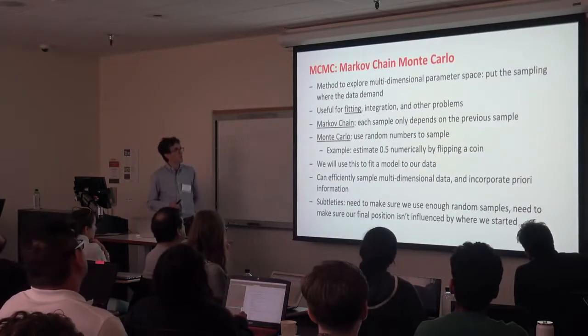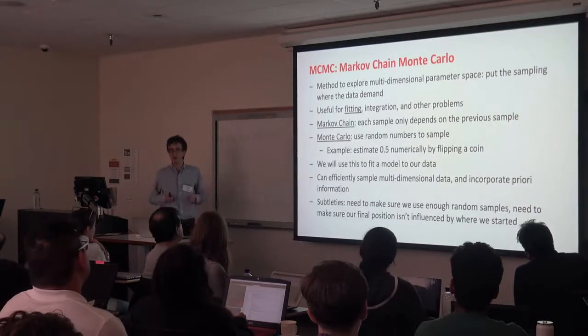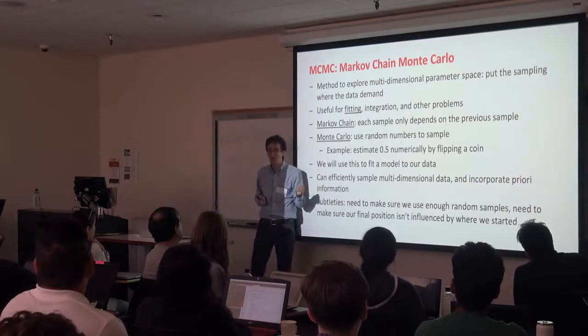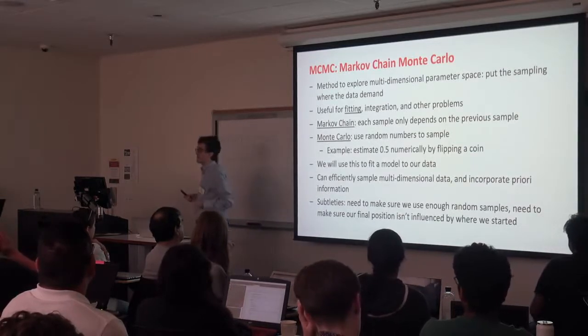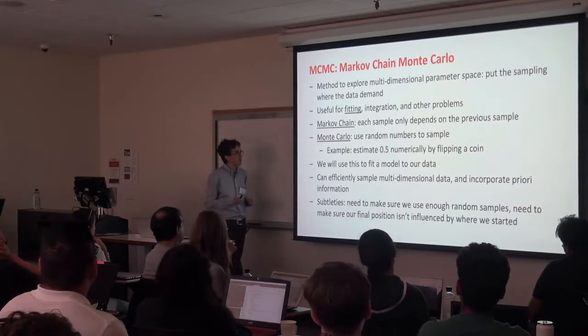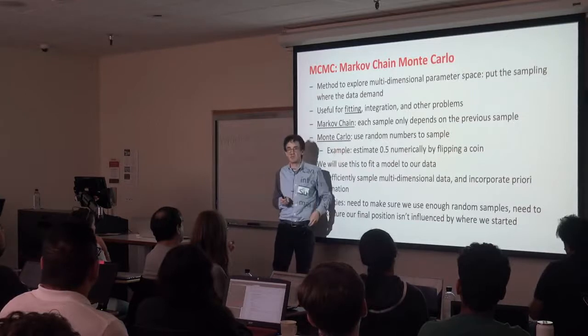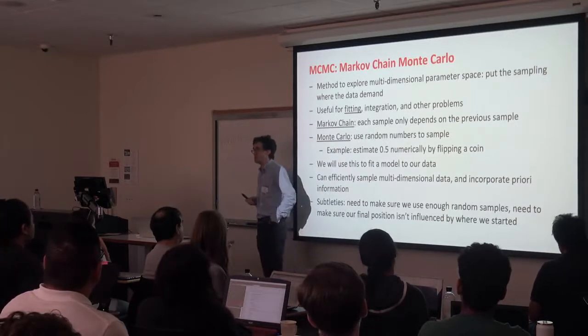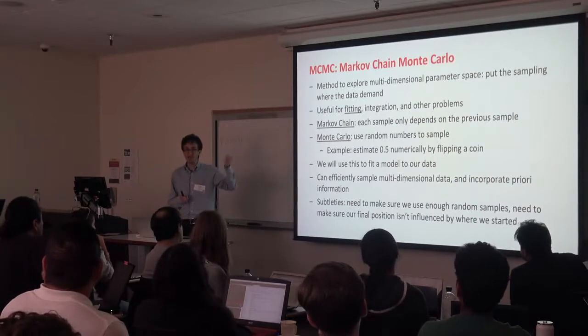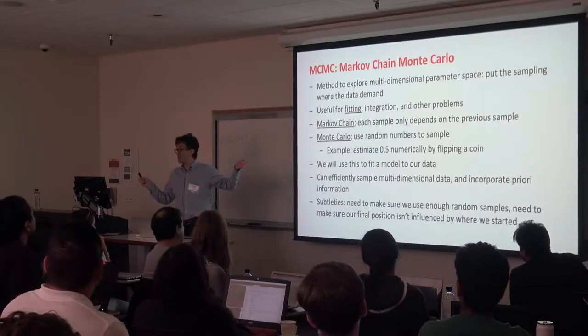So we're going to use this for fitting. It's also used for other types of exploration of multidimensional data. The name comes from Markov chain, which means each sample that you determine comes only from the sample before it. It has no long-term memory. And Monte Carlo is because we're using random numbers to sample it. So you can do a simple Monte Carlo calculation. You flip a coin, figure out how many heads, and you can estimate the value of a half.